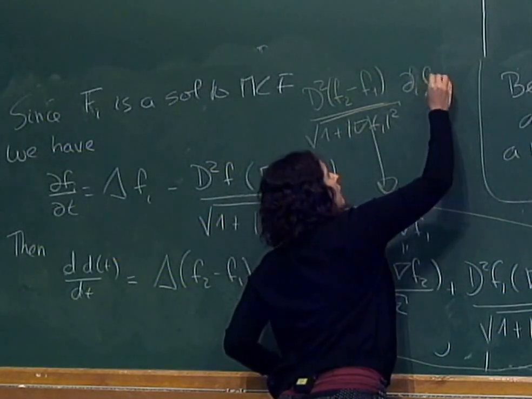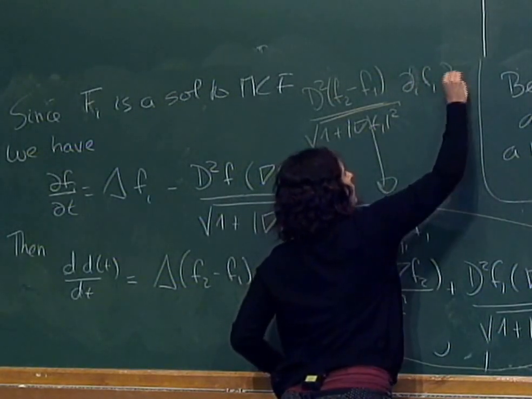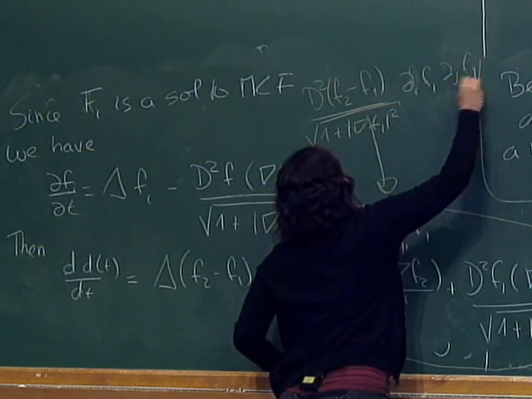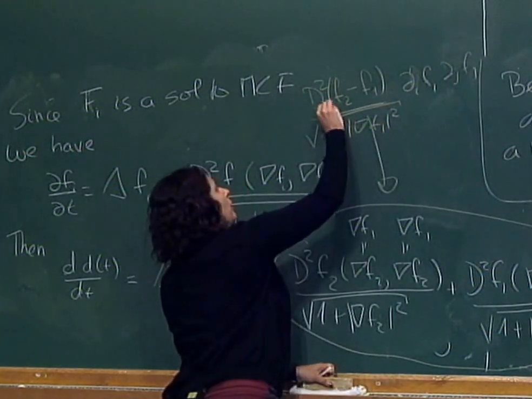But this is d_i of f1 and d_j of f1. This is not a very good notation, so let me write it like this, maybe.